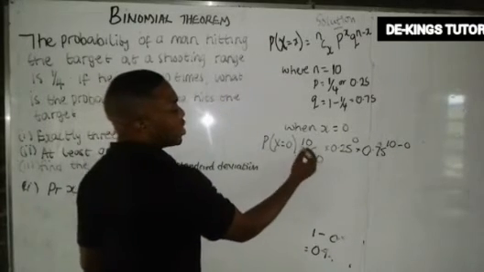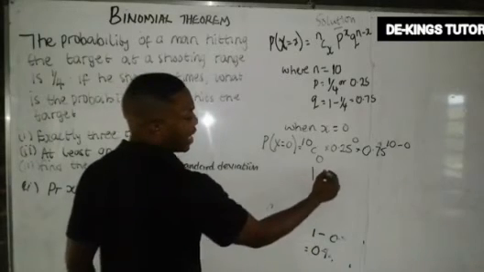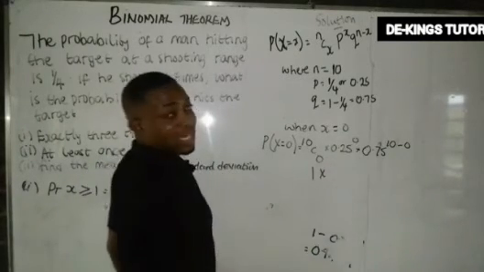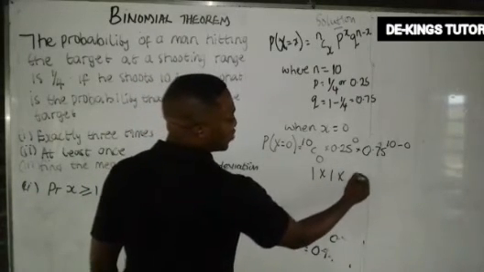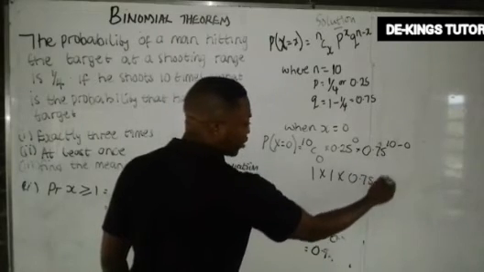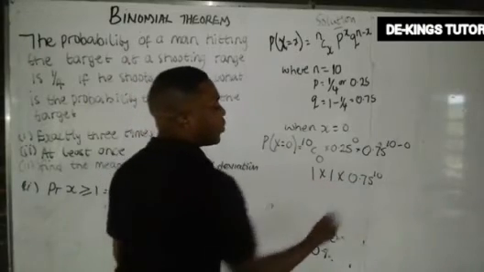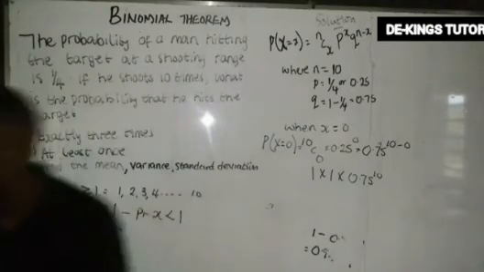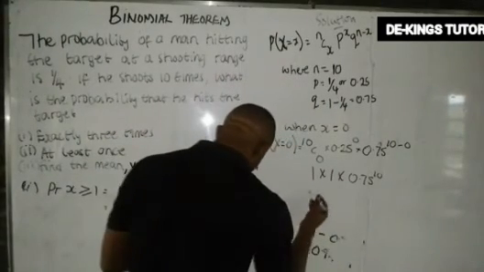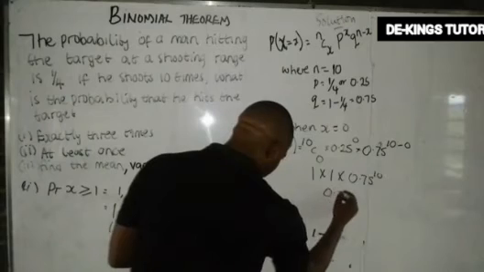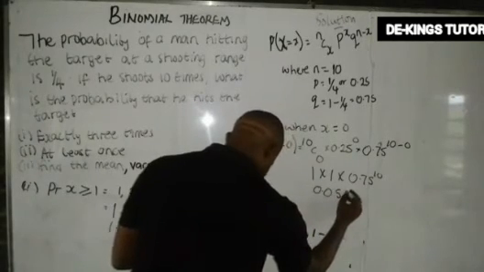Now 10 combination 0, use your calculator, will give us 1, times 0.25 raised to power 0. Anything to the power of 0 is 1, times 0.75 raised to power 10 minus 0, which is 10. So we have 1 times 1 times 0.75 raised to power 10. If I use my calculator, I will have 0.05631.